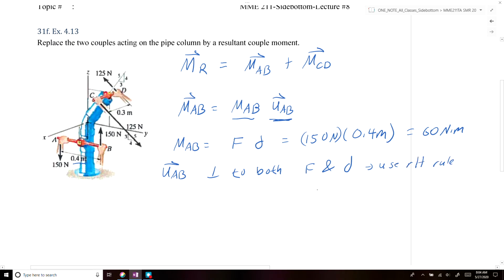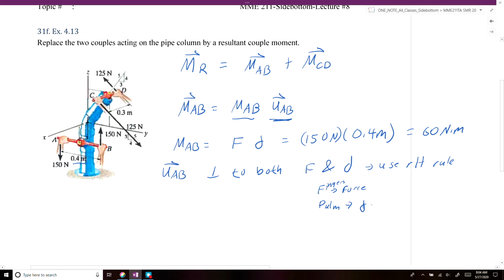Remember, your fingers represent the force vector, and your palm represents the position vector, or in this case D. So our palm would go along the positive y-axis, and our force would go along the positive z-axis.